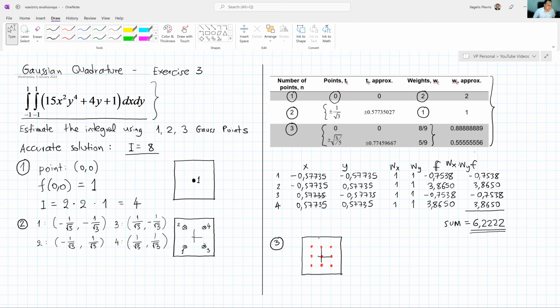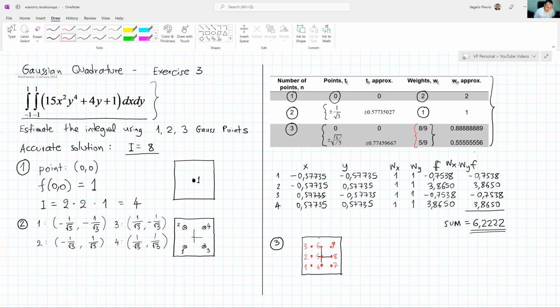And I can also write my points as 1, 2, 3, and then 4, 5, 6, and then 7, 8, 9. So these are my 9 points that I will work with, and I will use these weights here for these points.